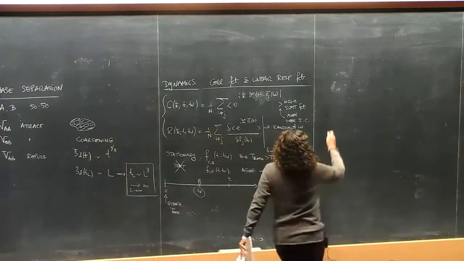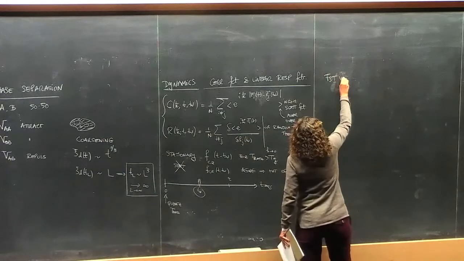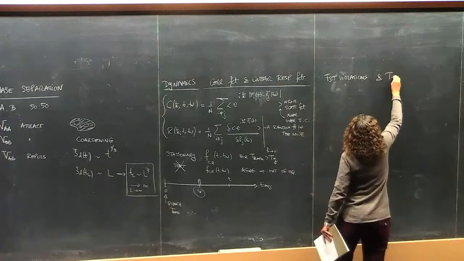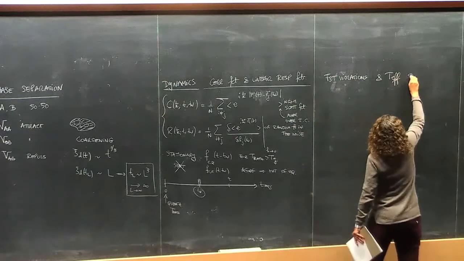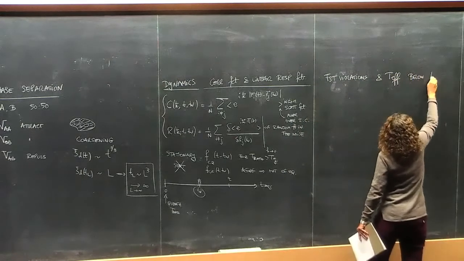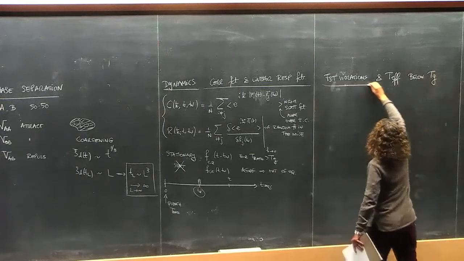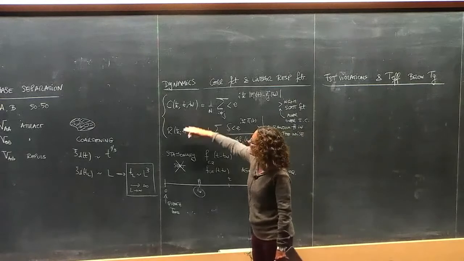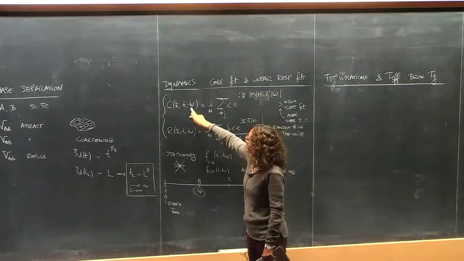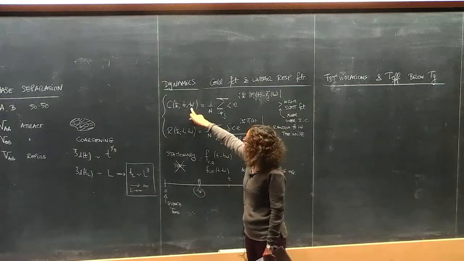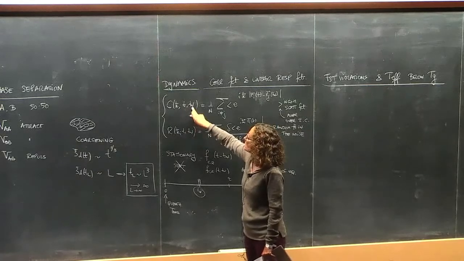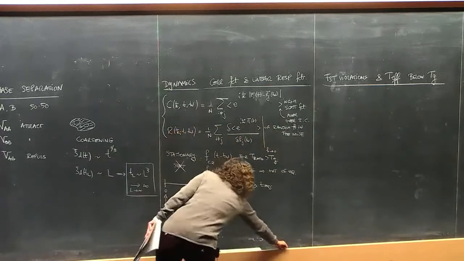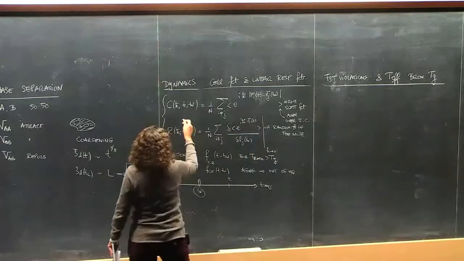What do I mean by that? I can always take these two quantities here, fix T waiting, and look at them as functions of T minus T waiting, comma T waiting.